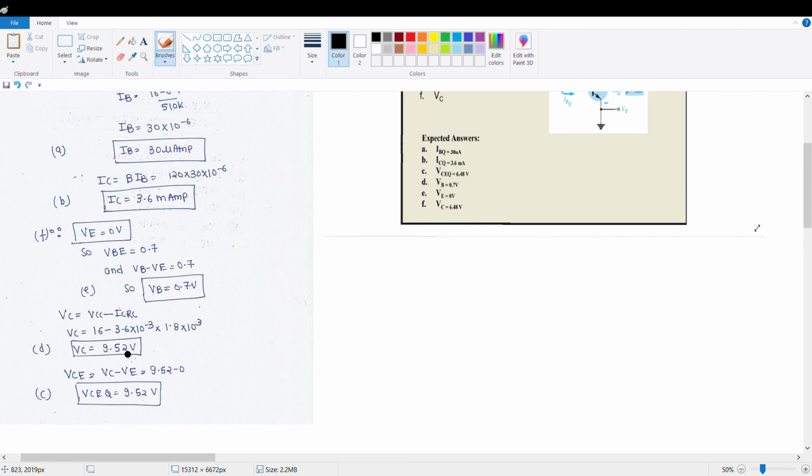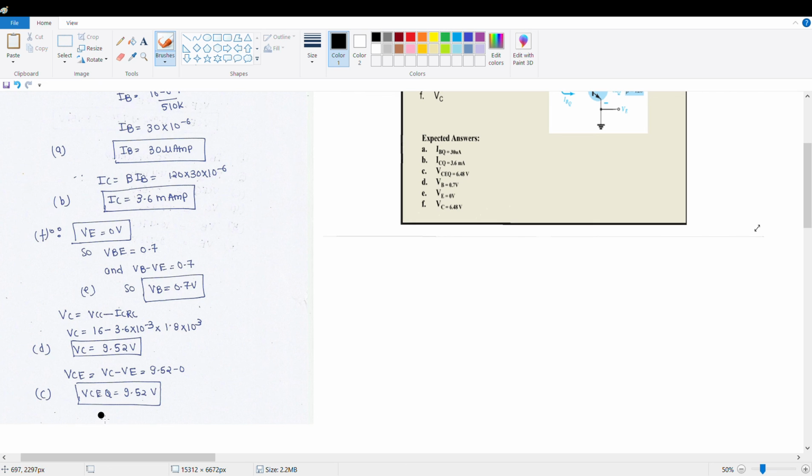We will get the value of our VCE, which is the voltage between the collector and emitter. The formula is the collector voltage minus the emitter voltage, which is equal to 9.52.